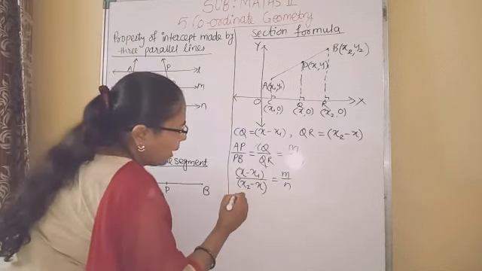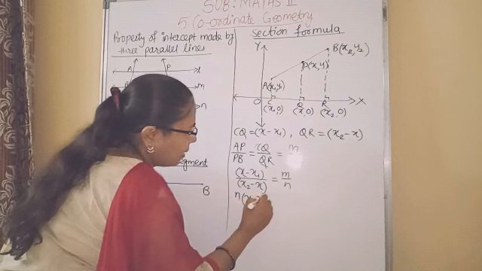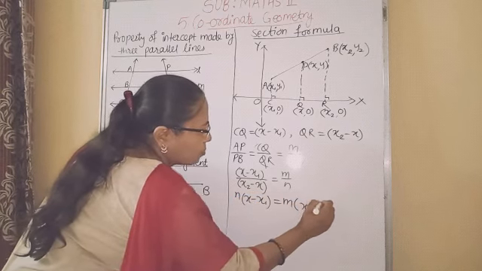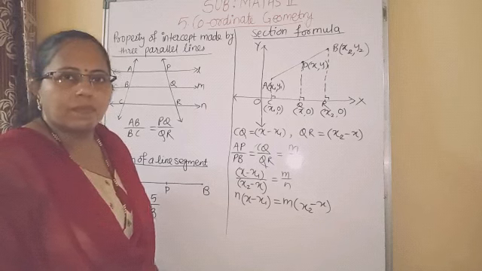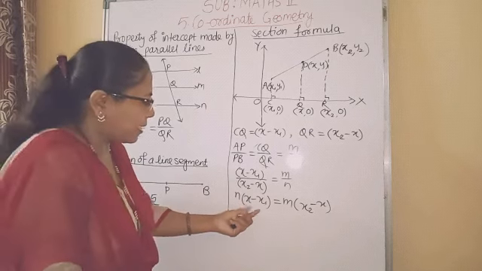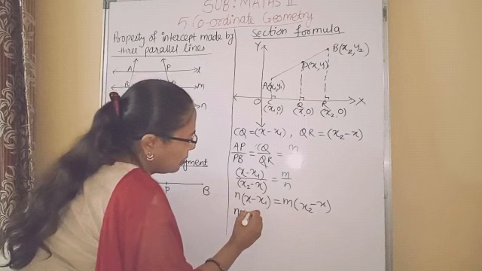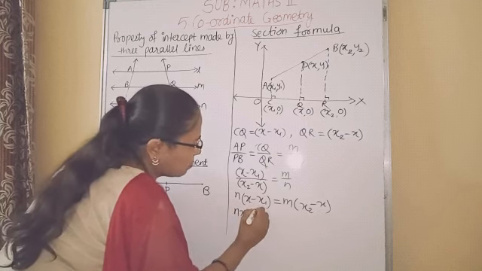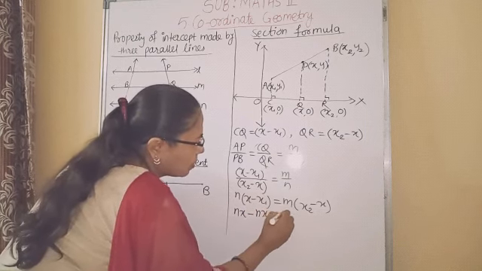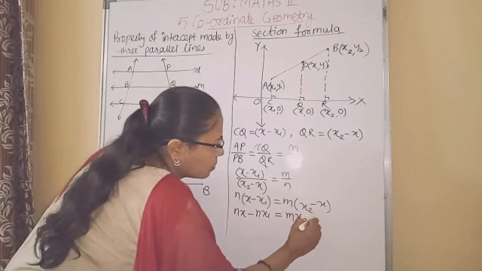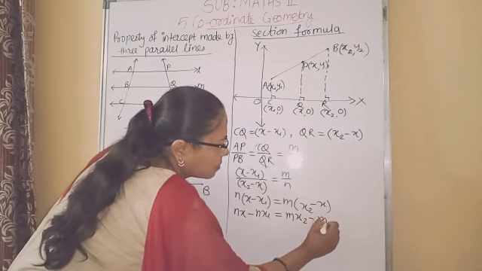So n into bracket x minus x1 equal to m into bracket x2 minus x. Now multiply the brackets. Here we will get nx minus nx1 equal to mx2 minus mx.